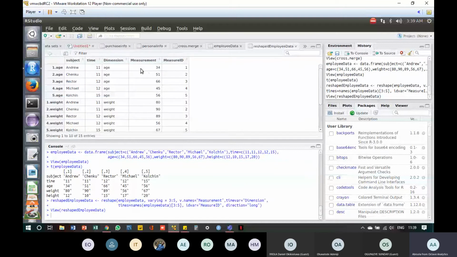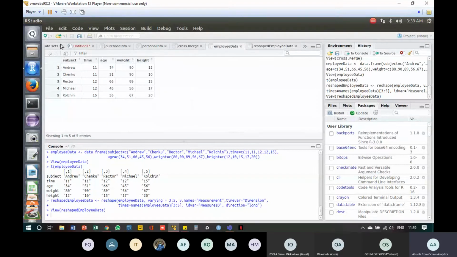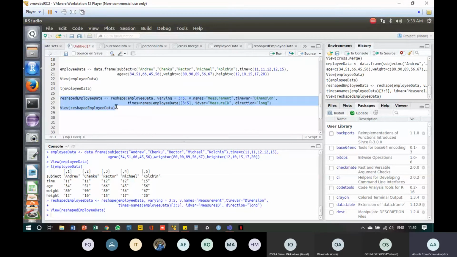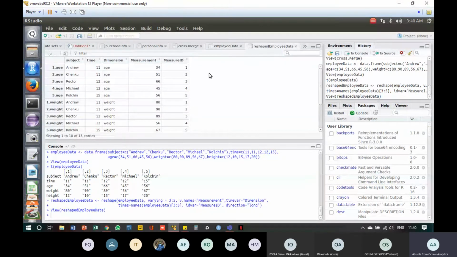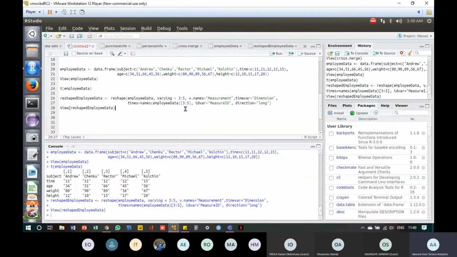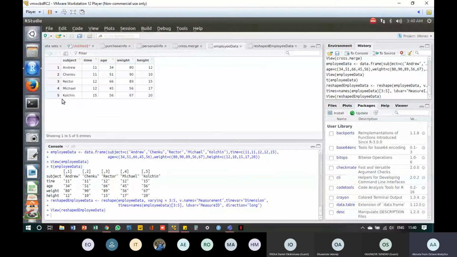Okay, so here we have, where is my command? So we want to reshape employee data varying 3 to 5. Then we also want to see our employee data. Okay, varying 3 to 5.